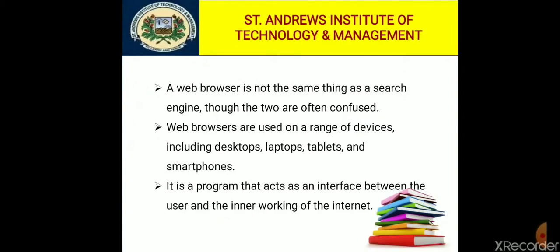For a user, a search engine is just a website such as Google search or Bing, etc., that stores searchable data about other websites. However, to connect to a website server and display its web pages, a user must have a web browser installed. So web browsers are used on a range of devices including desktops, laptops, tablets and smartphones.